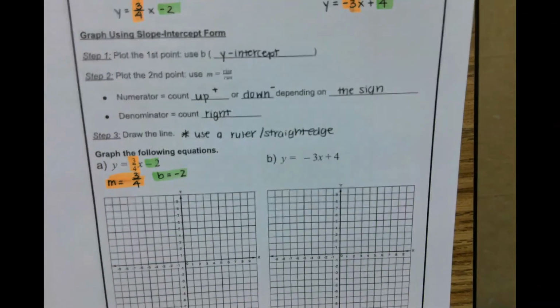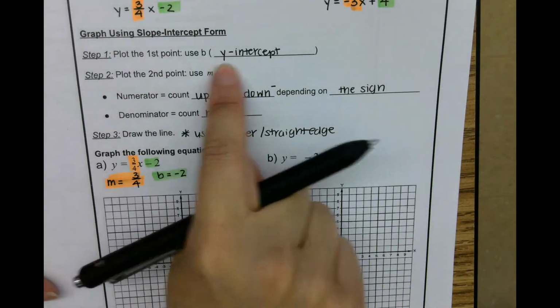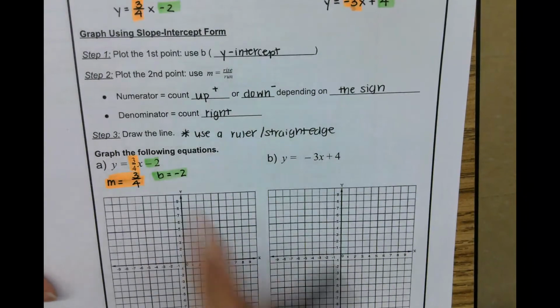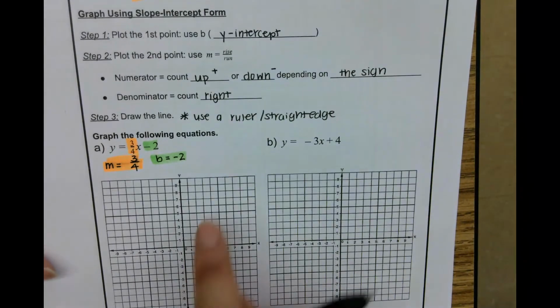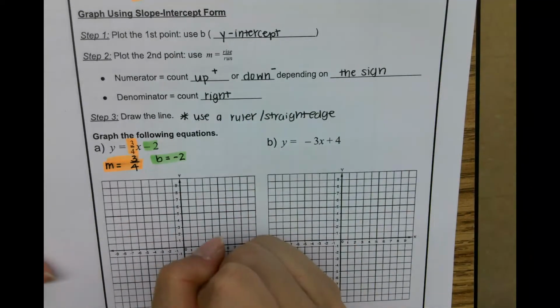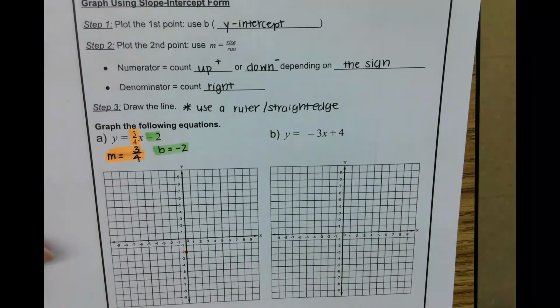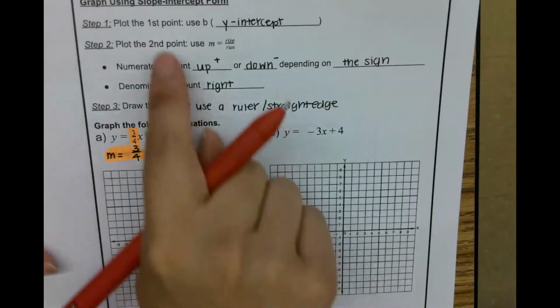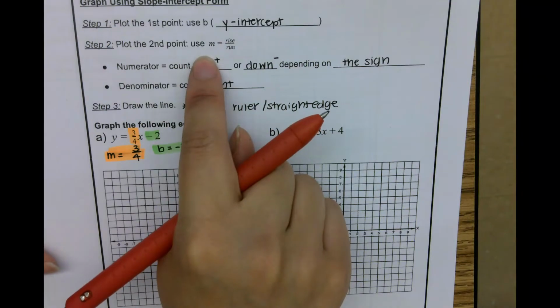According to the directions, I'm going to plot my first point using b, my y-intercept, so that's -2. Here's the y-axis. I'm going to place a point at -2. This here is my b. Then I'm going to plot the second point using slope, rise over run.